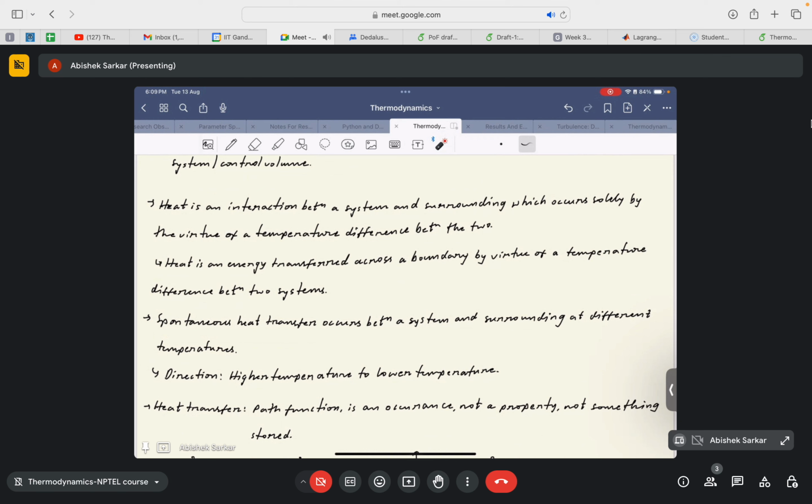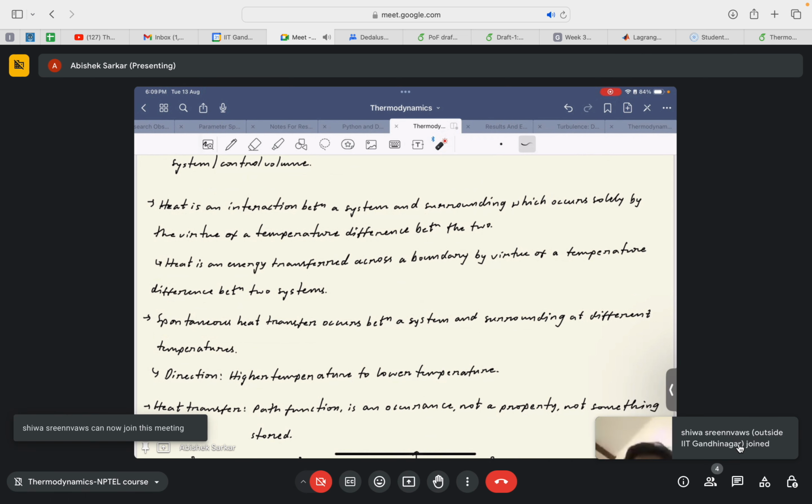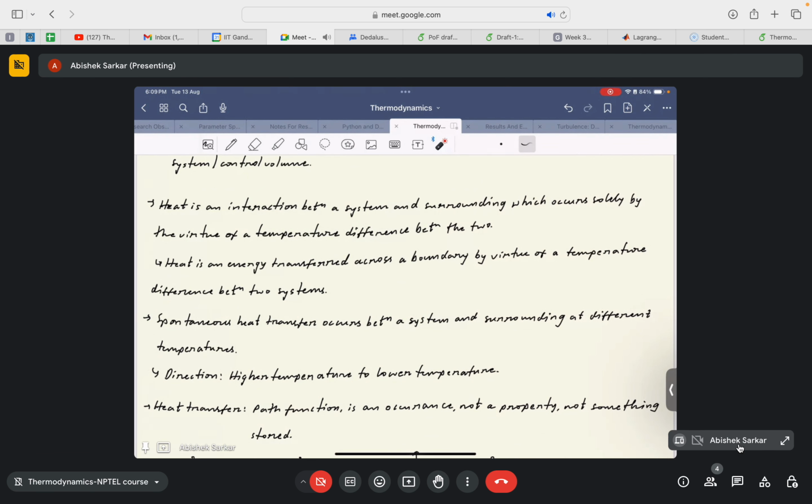Examples are a heater or an air conditioner. In the case of a heater, we heat the warmer region, and in an air conditioner we are forcibly cooling a zone to a lower temperature. But in nature, where heat transfer occurs spontaneously, that is, by itself, the direction of heat flux is from the higher temperature to the lower temperature.